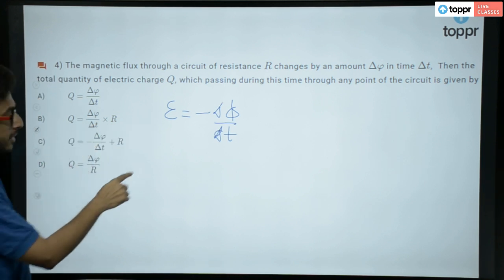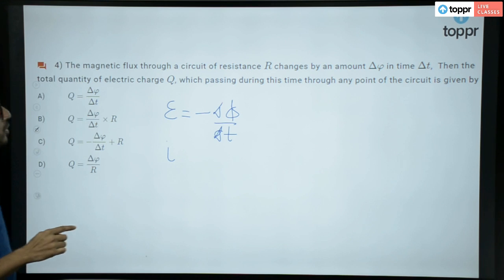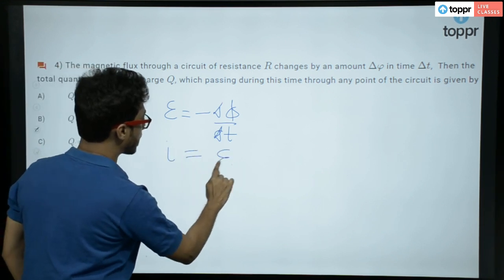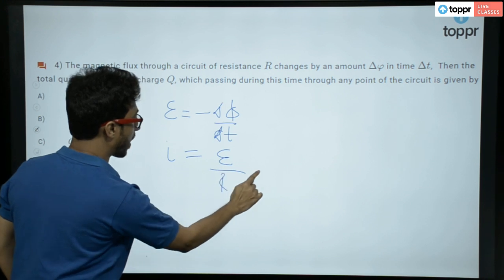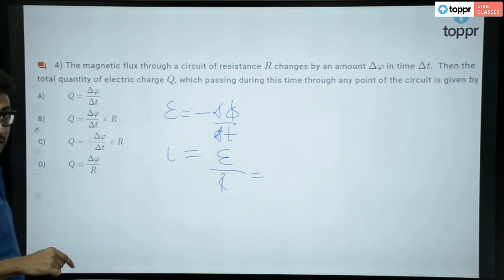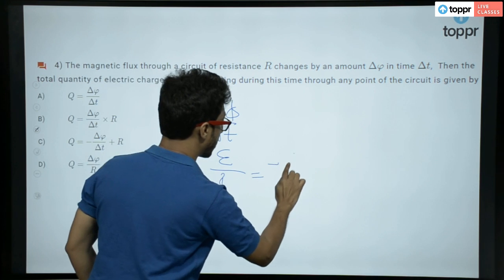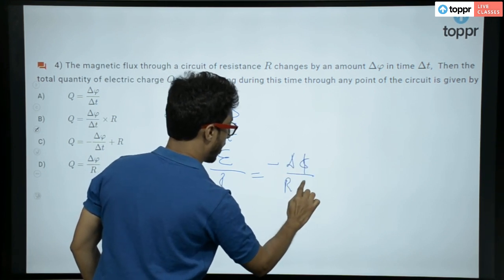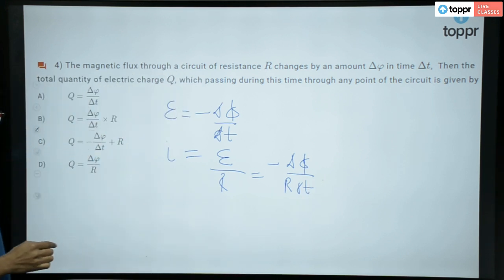EMF is this. How to find the charge Q? First we have to find the current. Current is nothing but EMF by resistance, because the circuit resistance is R, so it is minus del phi by R del T. Clear?